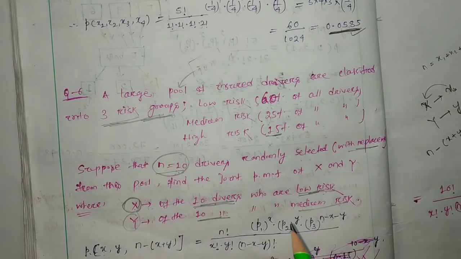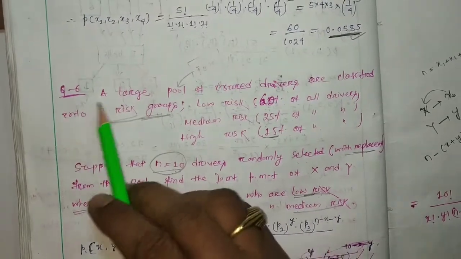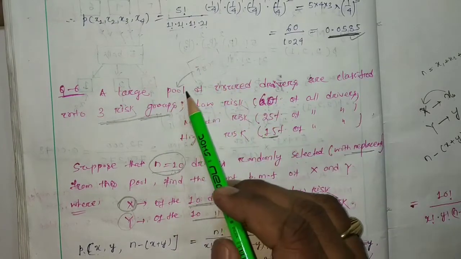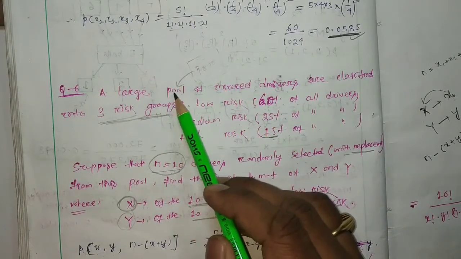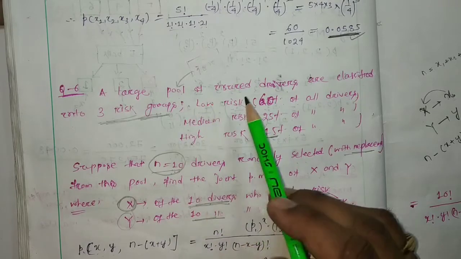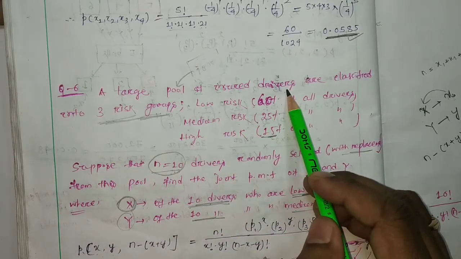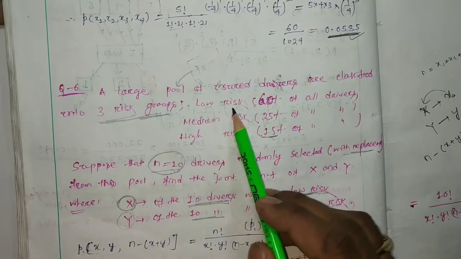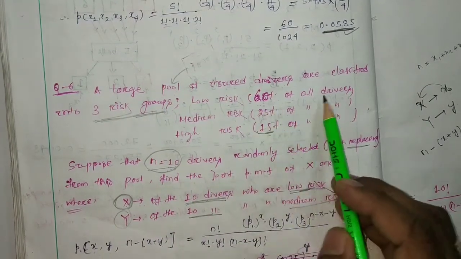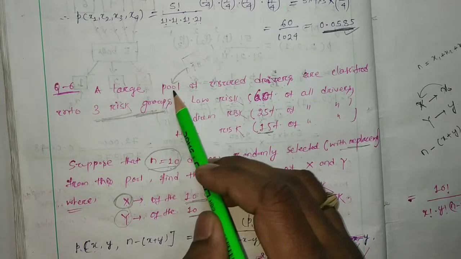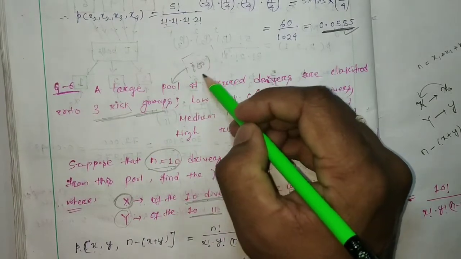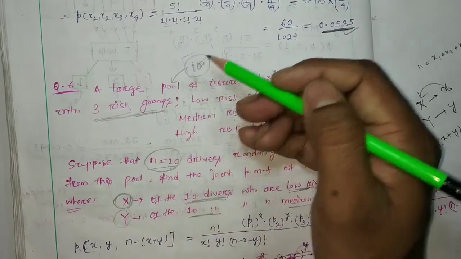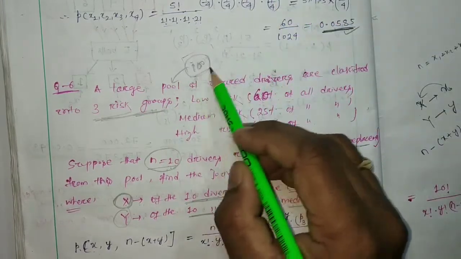Now come to the next question, that is number 6. A large pool. Pool means a collection, a sample of a large number of persons. Insured drivers are classified into three risk groups. Low risk is 60% of all drivers. So here in this pool, suppose we have 100 persons. Maybe 100, maybe 1000, maybe anything. Suppose we consider 100.